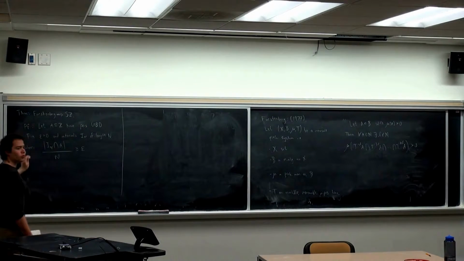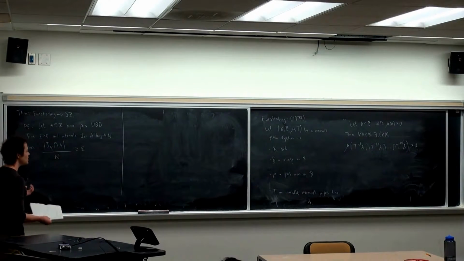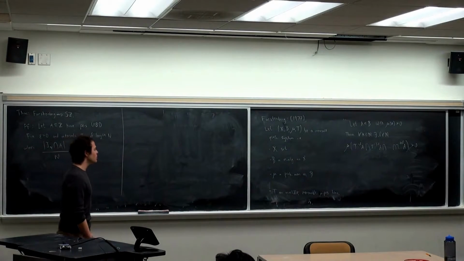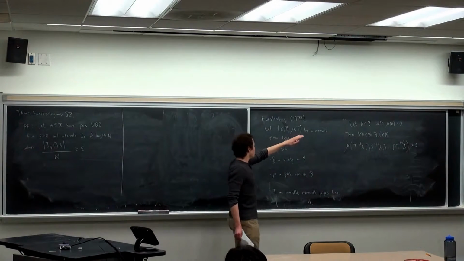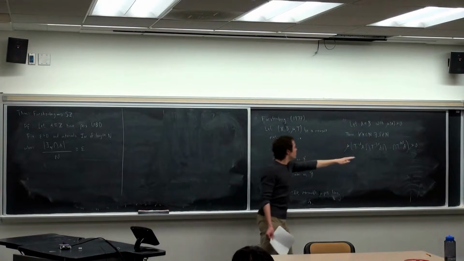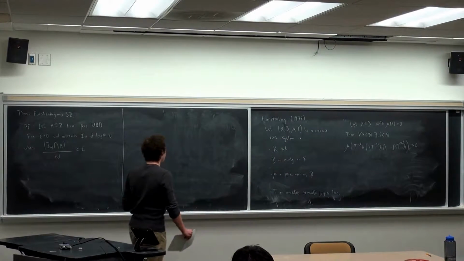So I'm just hard coding in what my witnesses to having positive upper Banach density are. It seems kind of vague what to do at the moment. I mean, we need to cook up one of these systems and then argue that the recurrence over here gives us what we want over here.